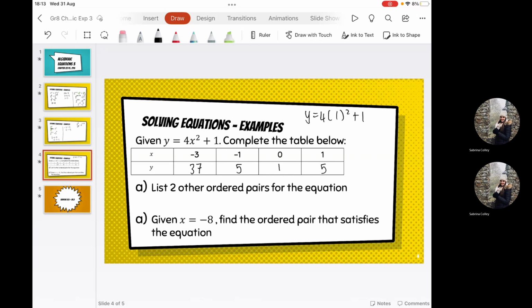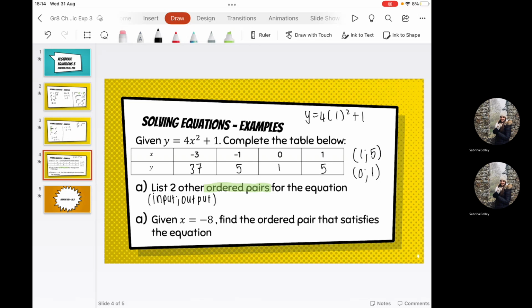Now it says list 2 other ordered pairs for the equation. Ordered pairs just mean your inputs and your outputs. So an ordered pair would be 1 and 5. I put in 1 and I got out 5. Another one would be 0 and 1. So it's always your input and your output.